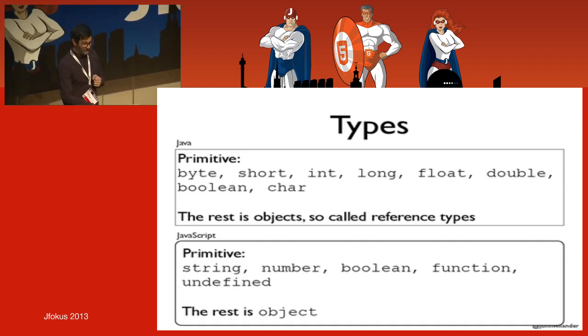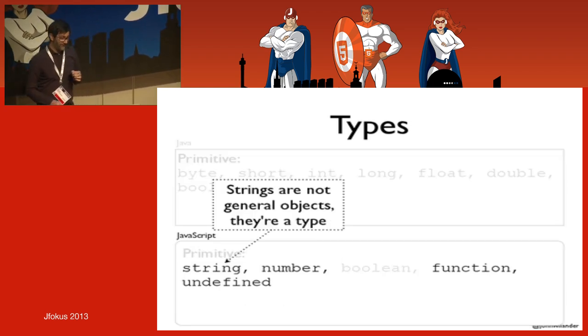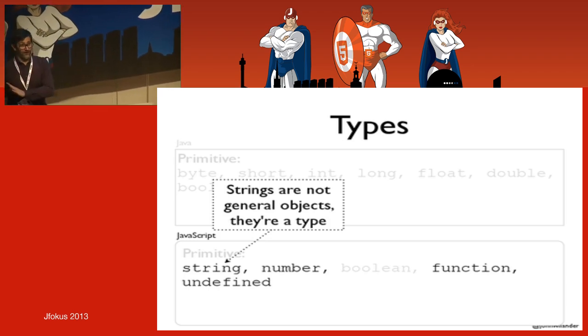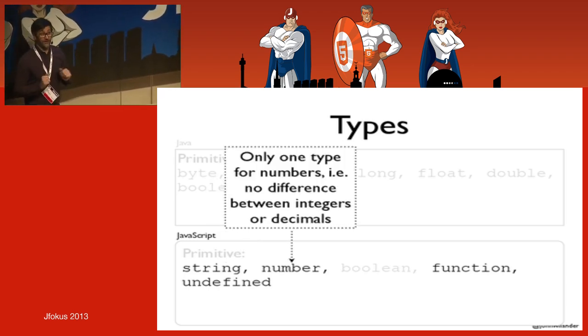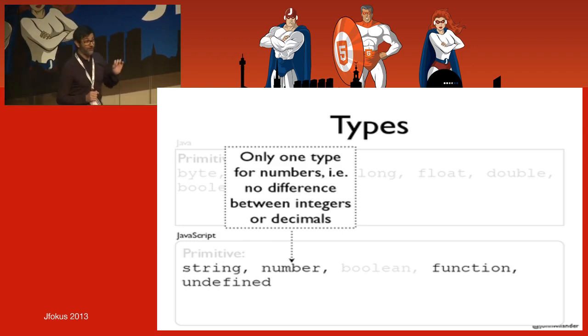And in JavaScript, some of these are more specific that we need to look into. So string is not a general object of some class string. It's actually a primitive type. So string is one of the native primitive types of JavaScript. The next thing to know is that JavaScript has only one type for numbers, called number.